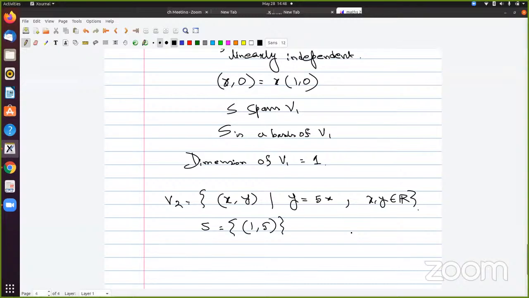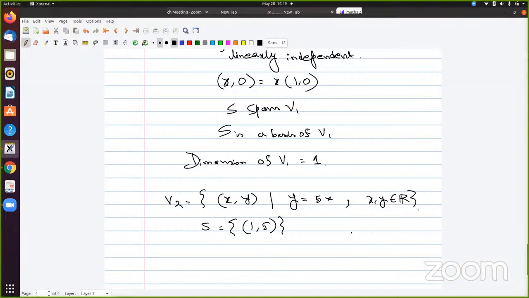Yes, sir. Sir, if we remove this condition, then (1, 1) will be there. If we remove this condition, then this is basically R2, the whole space. Since x is dependent on y, or y on the other, that is the reason the dimension is 1 here.